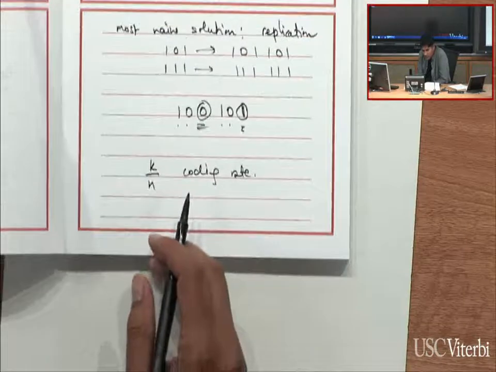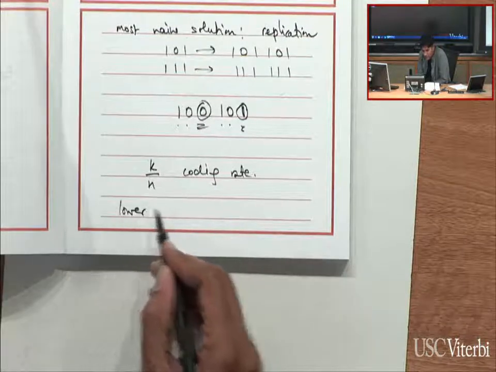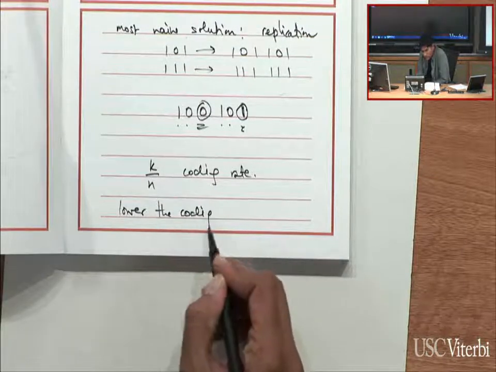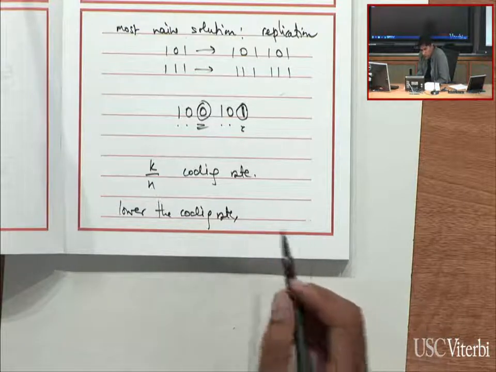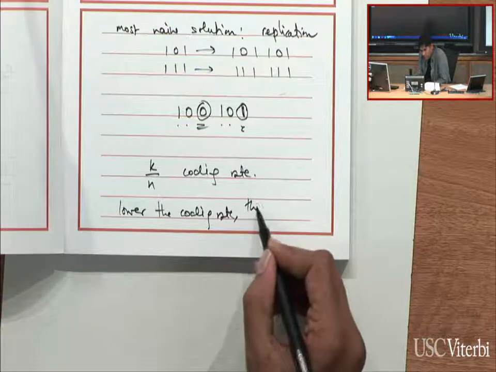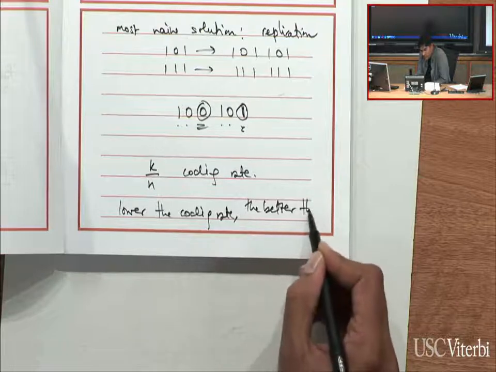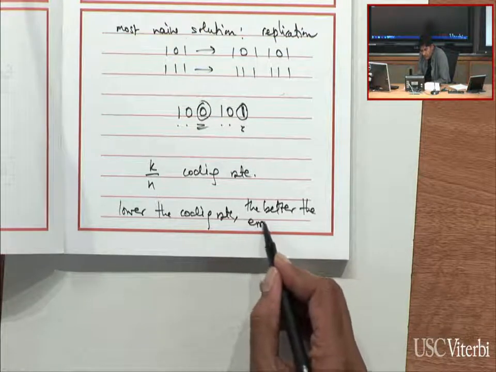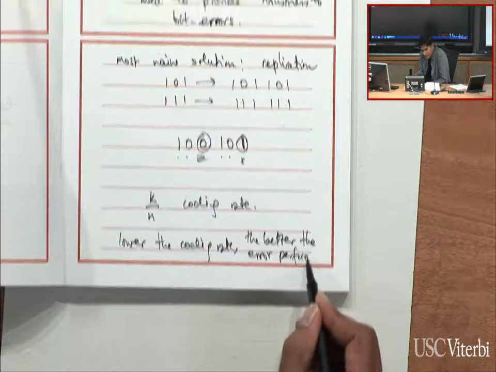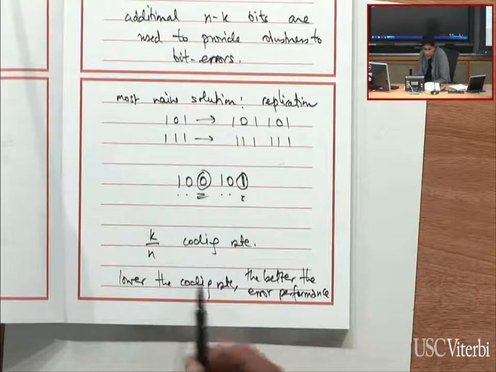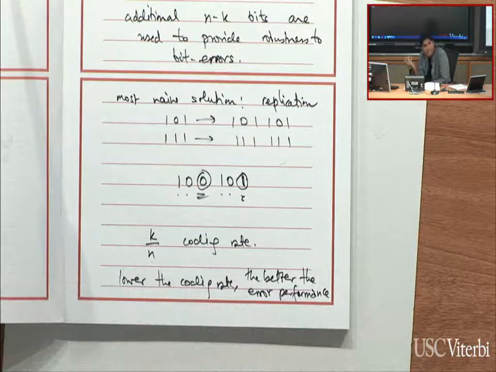And the lower the coding rate, the better the error performance. Why? Because when you reduce k over n, you're basically increasing n minus k, and you're adding more redundant bits, and that's going to improve your performance. So there's a trade-off in using block codes that has to do with basically what is that ratio.